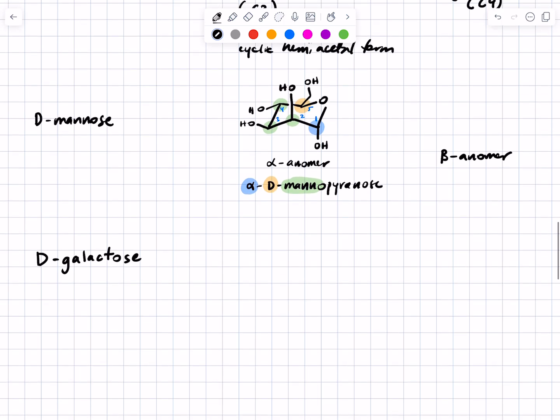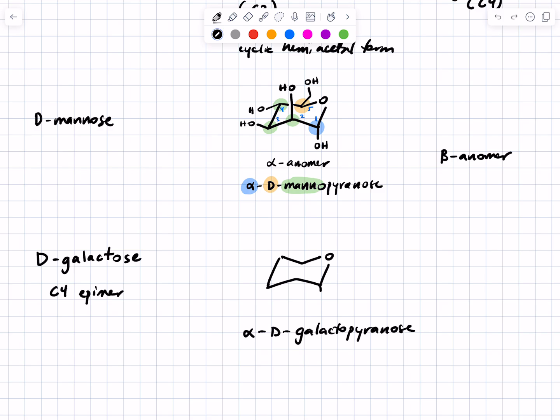And we'll talk about that in just a little bit. Galactose is the C4 epimer of glucose. So to draw galactose, you start with glucose, and again, we'll just do the alpha anomer, and I will leave it to you as an exercise to draw the beta anomer.